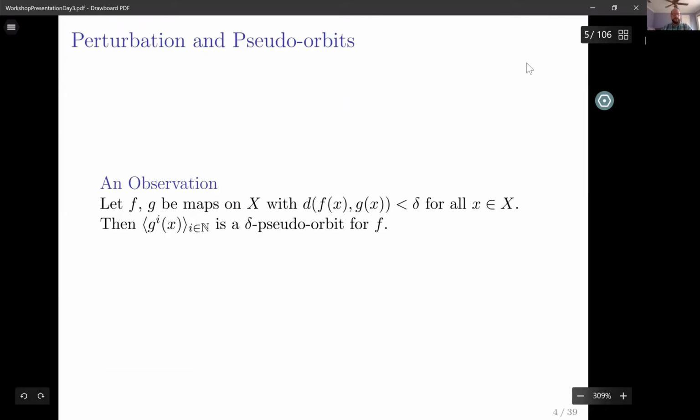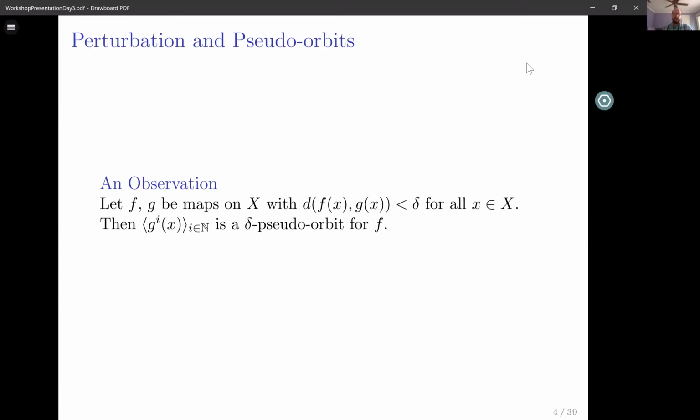Before we get into the topic today, this was brought up yesterday, and I just wanted to make it a bit more formal: the notion of how shadowing relates to perturbing a map. If f and g are 2 maps, so that at each point x, the distance between f of x and g of x is small, then an orbit for the function g is actually a pseudo-orbit for the function f.